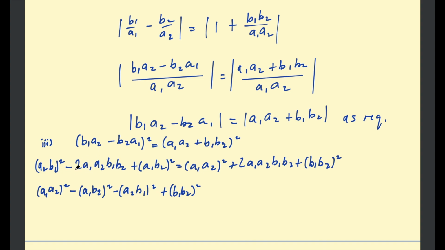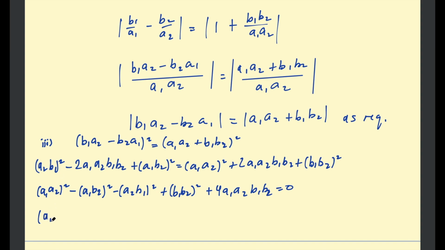So that negative, we add it to the right hand side, so we end up with plus 4 A1 A2 B1 B2, and all of this equals 0. So now we have these 4 squared terms, and we need to try to factorize this. So try to think of this as like a quadratic. How could we do this?